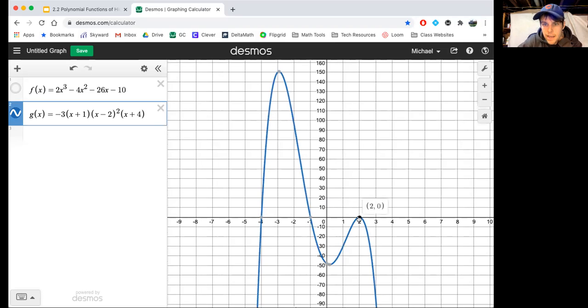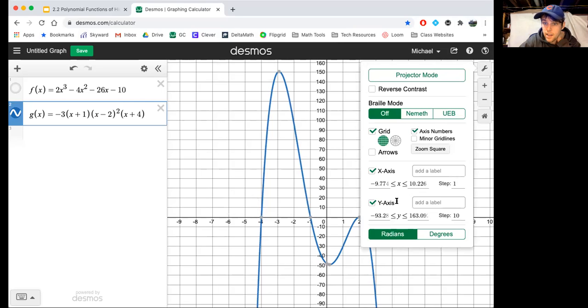So I can see my x-intercept values here. I can see a couple maximums, an absolute maximum up here, a relative maximum, a relative minimum. I can see even the y-intercept, which is actually really close to that relative minimum. You want to be able to see all of these things, and it depends on what you're using the graph to do. All right, so remember, graph settings, and you can adjust it.